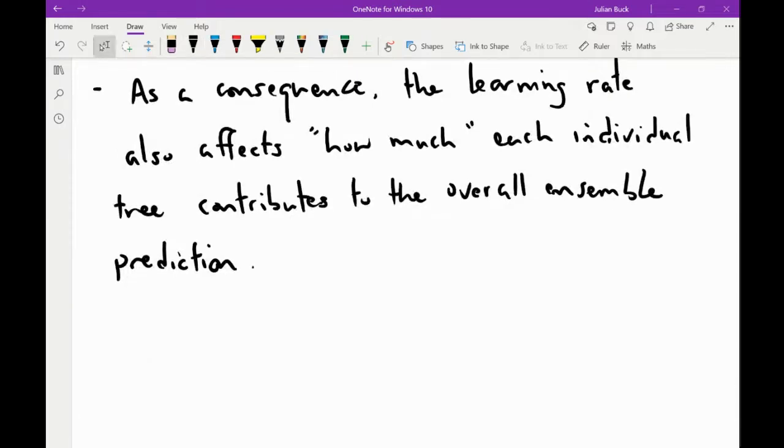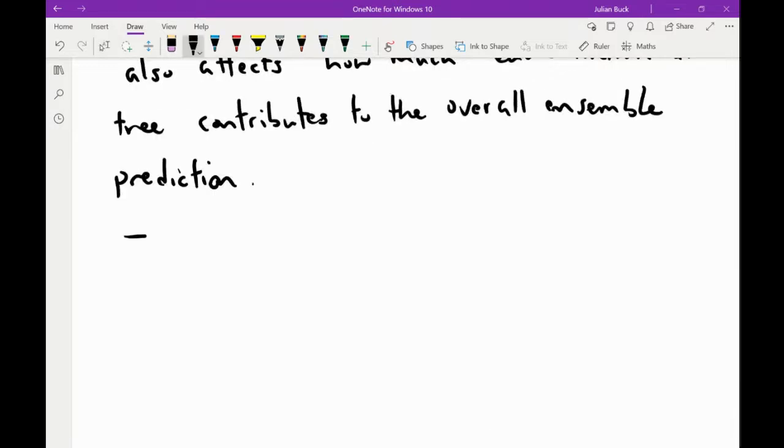All right, and so the reasoning for this, why is there this relationship, is actually not too hard to see. This is because there's a fairly clear causal link between the learning rate and the number of trees.